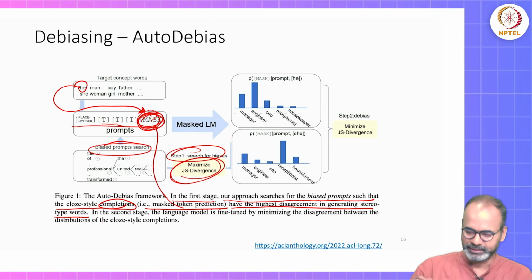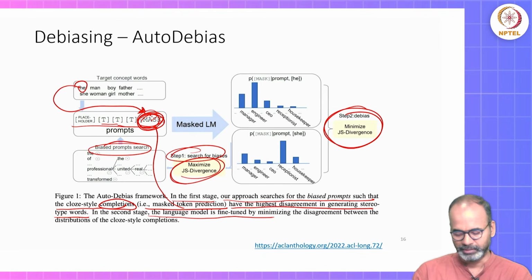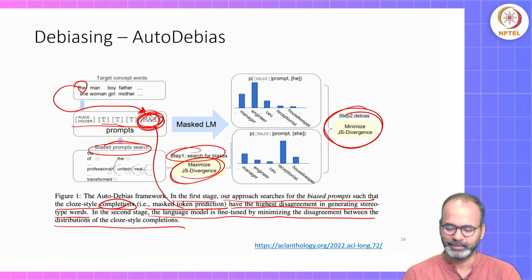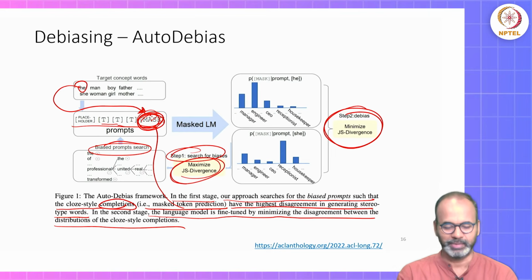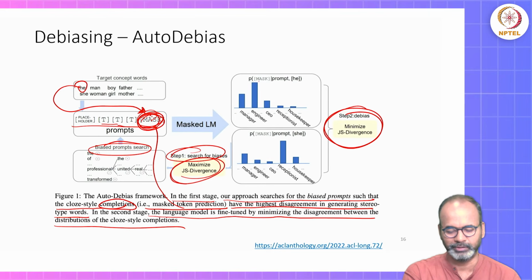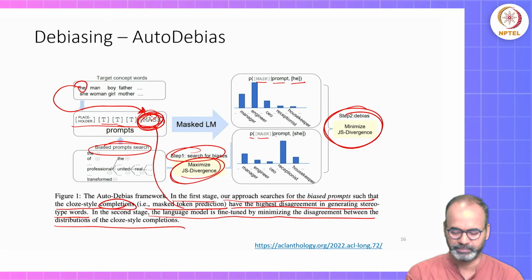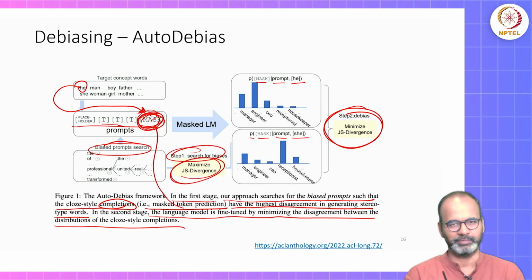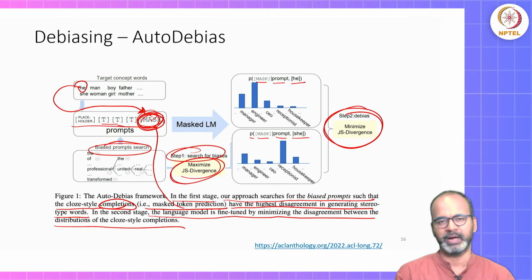Okay. In the second stage, the language model is fine-tuned by minimizing the disagreement between distributions of the closed style completions. So here, the goal is to minimize. If you look at this, probability of mask given the prompt he, versus probability of mask given the prompt she, here the goal is to minimize. That's the idea of this Auto-Debias. They are trying to say that by using these two ideas of maximizing and minimizing, we were able to generate a better method to measure the bias.